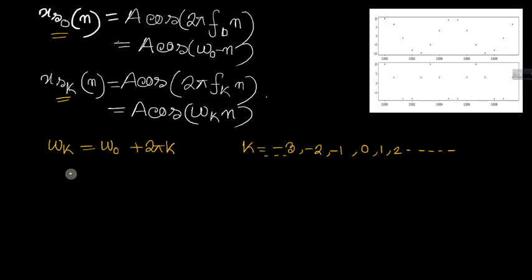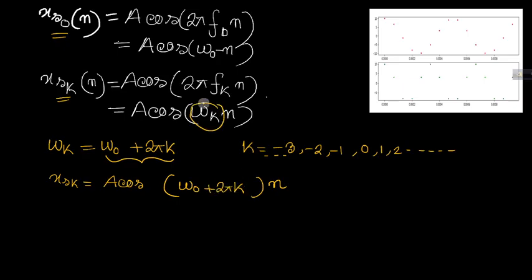Okay, now we can write xsk is equal to a cos of omega naught plus 2 pi k instead of omega k. And then let me rearrange this: 2 pi k into n here and then omega naught into n here.